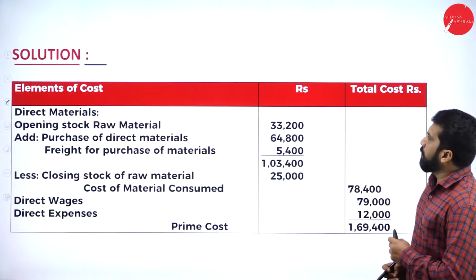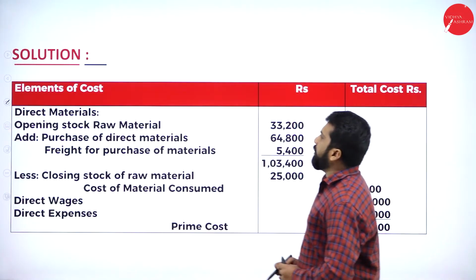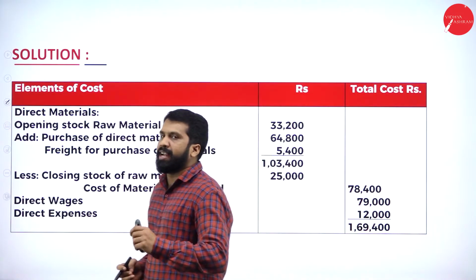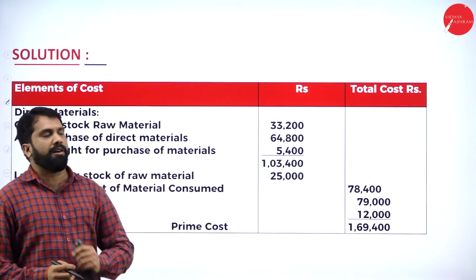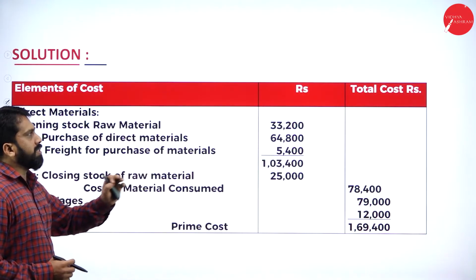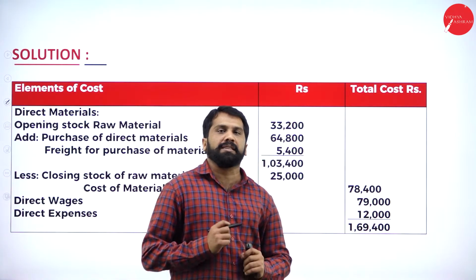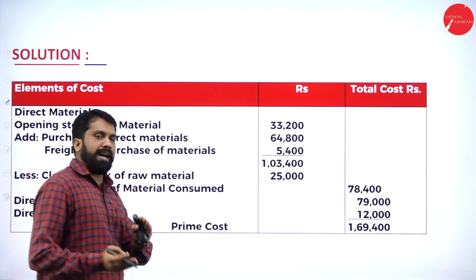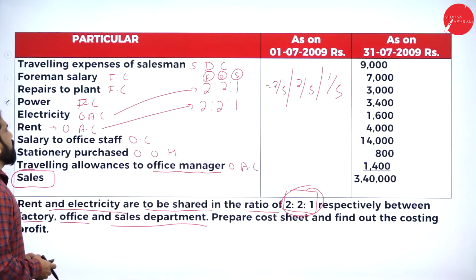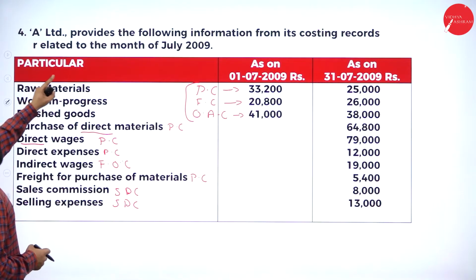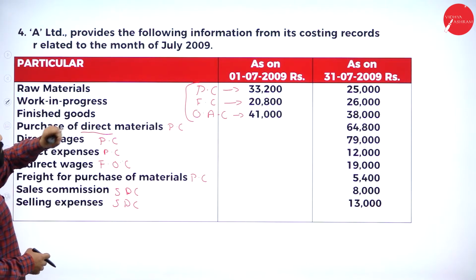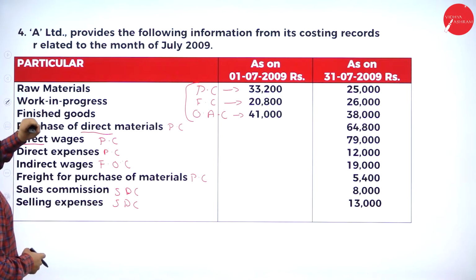Now, this will be your elements of cost. So your heading will be what? Elements of cost. Then the rupees, and the last column will be total cost in rupees. Now, the heading must be what? I'll go back to your question. A Limited provides the following information from its cost records relating to the month of July.